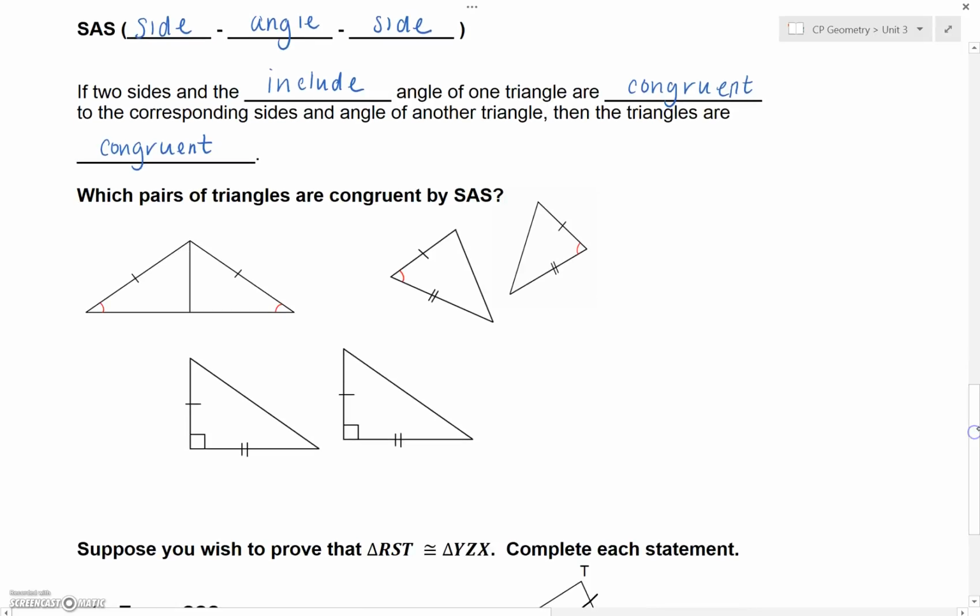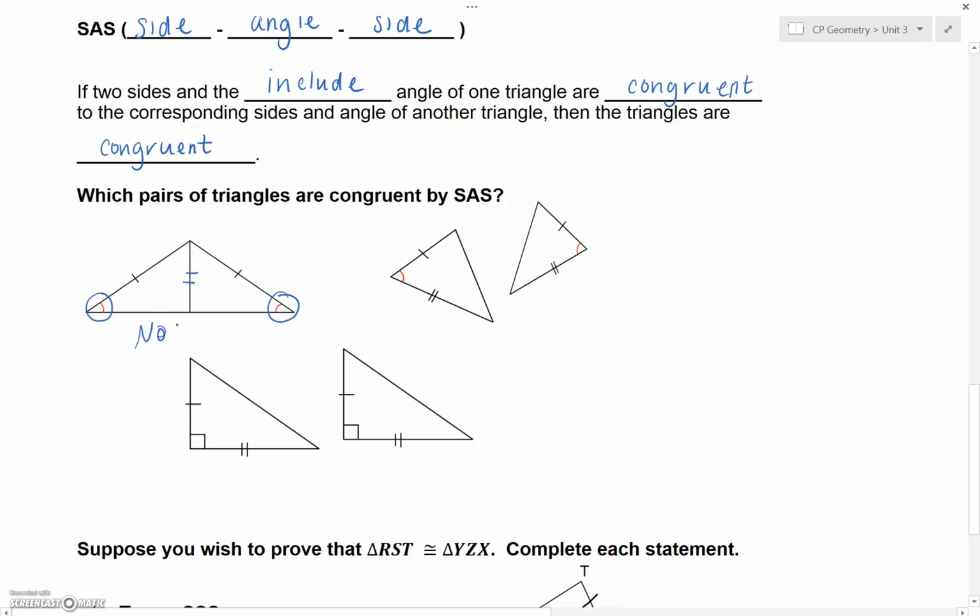So which pairs of triangles are congruent by side, angle, side? Well, think about what we were doing up at the top. I could mark those two sides to be congruent and I could practice pulling them apart, but I don't have the included angle. These two angles are located outside of our congruent sides.